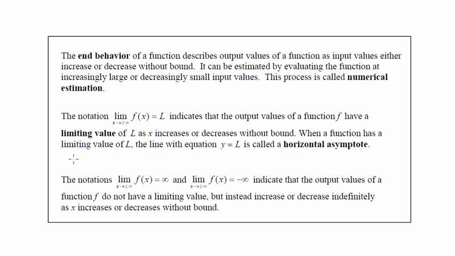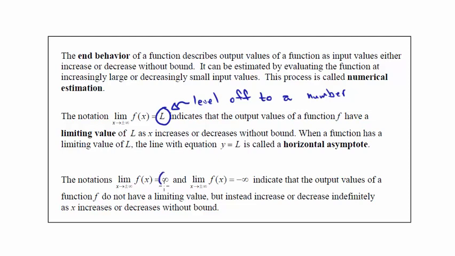So let's flip back over here. If you level off to some particular value, the notation that we're using here is an L to be a constant, but this is going to be when we level off to a number. And we'll talk about how to find that number in a second.